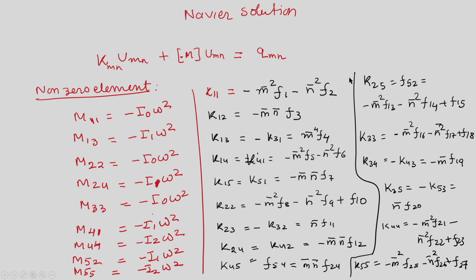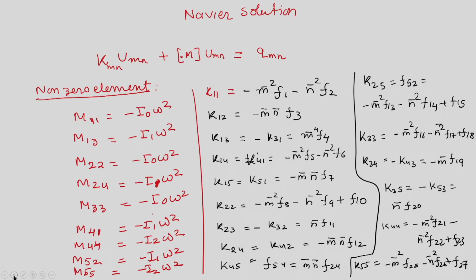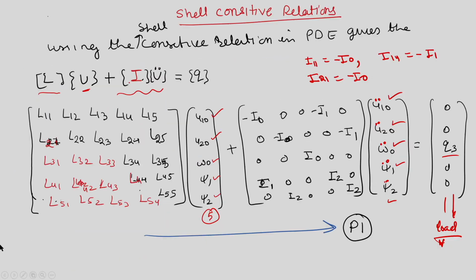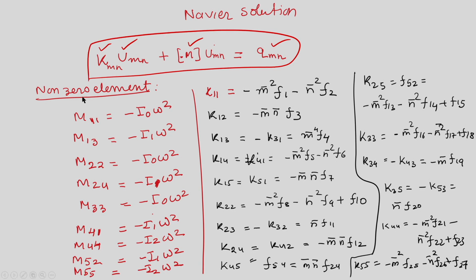If we substitute this Fourier expansion and time expansion into the governing equation, which we call equation number P1, then it reduces to a matrix form: K times UMN plus M times the second derivative of UMN equals QMN.